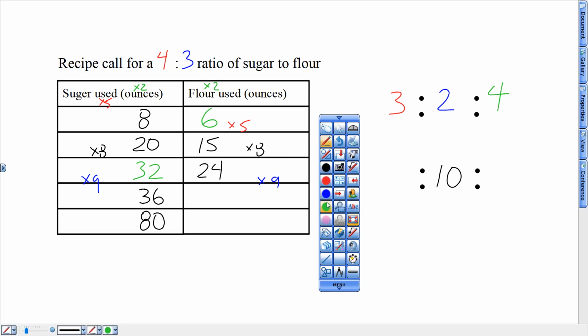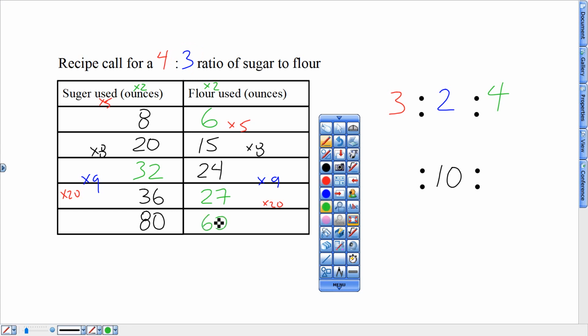That gives me 27. And then last one, I look at this 4 and then way down here this 80. The only number times 4 to get 80, I believe, is 20. So I go way up to the top and I times this number by 20. So 3 by 20 gives me 60.